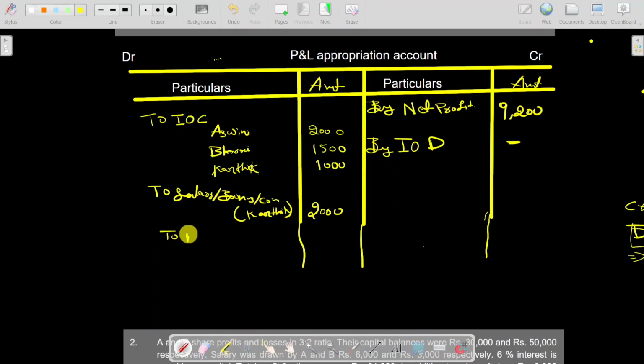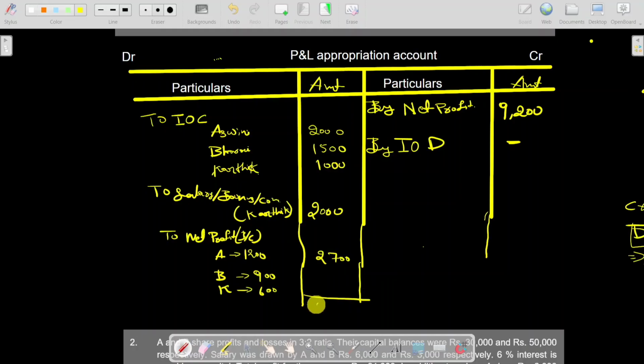So to net profit balance, which is to be divided among Ashwini, Bharani, and Karthik: for Ashwini 1,200, for Bharani 900, for Karthik 600, total 2,700, and in total 9,200.